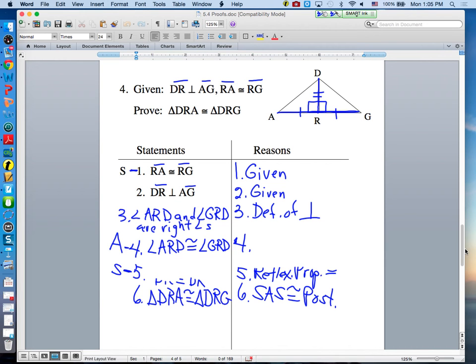Now here's a reason I need you to look in your book for. Some of you have your book, page 706, available. I need something that tells me right angles are congruent. Do we have something that says all right angles are congruent? Do we have that somewhere? Shay found it. The rest of you find it?